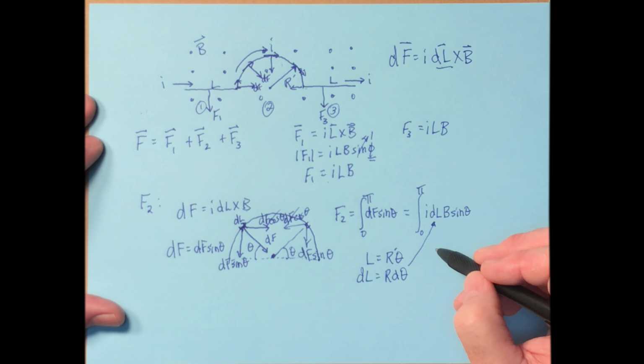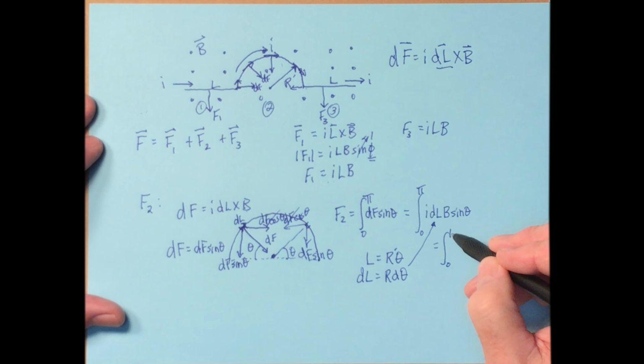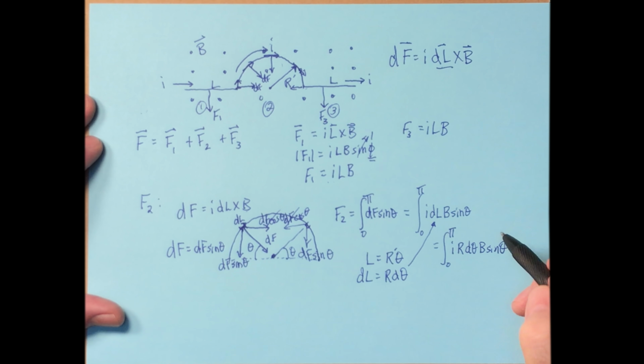When I do that, F2 becomes the integral from 0 to pi of I times R d theta times B times the sine of theta. Now, many of these things here are constants. We can factor those out.